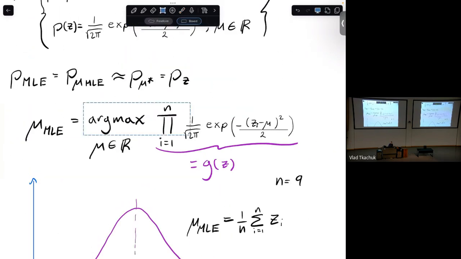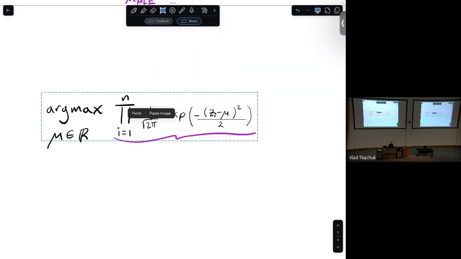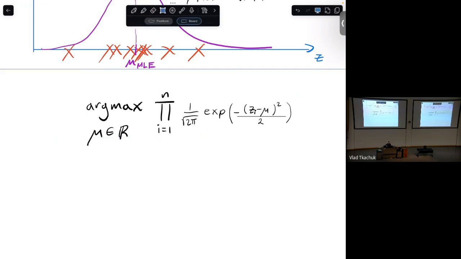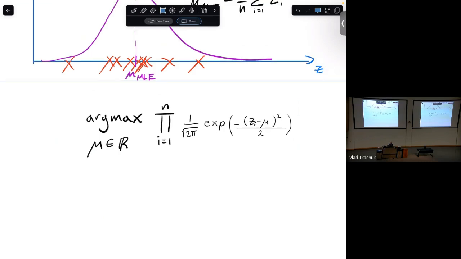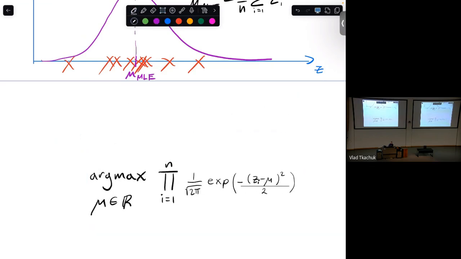Okay, so all we need to do is solve this problem here. So this is our expression. And maybe I just want to write one thing before, for notational sake. So we start with mu MLE, because this is the general procedure you would take. You write MLE in the subscript of the parameter you're interested in.